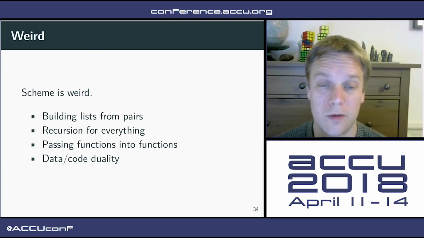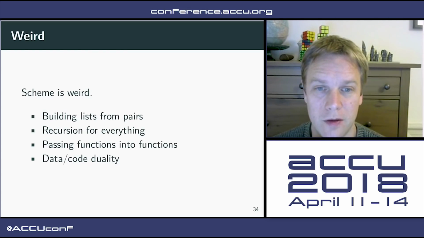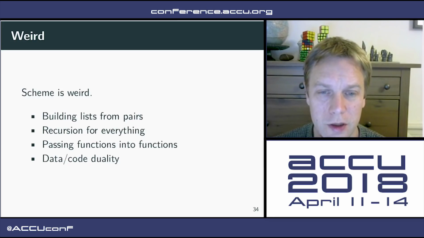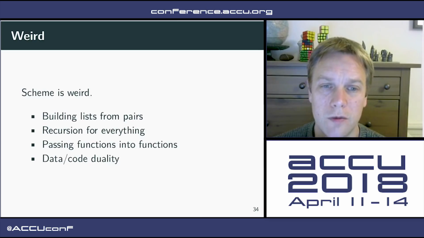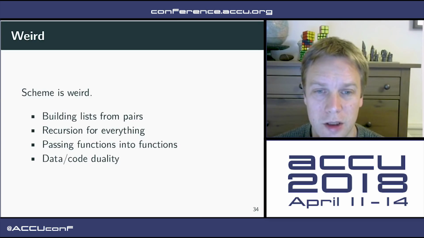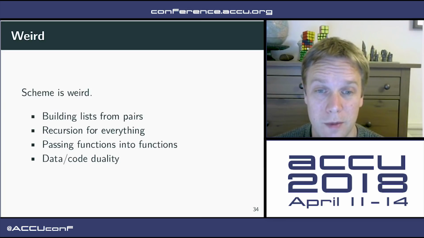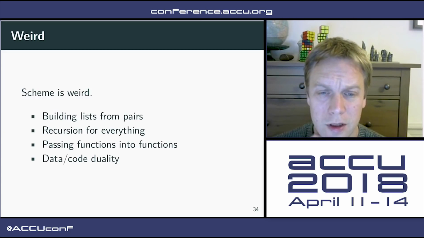You will find when you're reading other people's Scheme code, if you've never written or read code in a functional style, it's going to look pretty strange for you. The first thing we'll cover in the stuff being strange is that actually lists are not the fundamental data type in Scheme. Actually pairs are the fundamental data type in Scheme, and lists are built out of pairs, and I'll show you how that works.